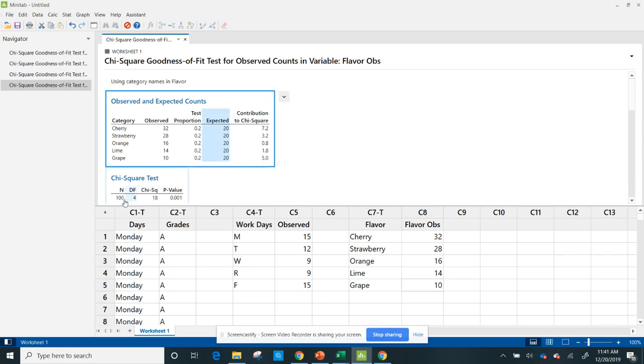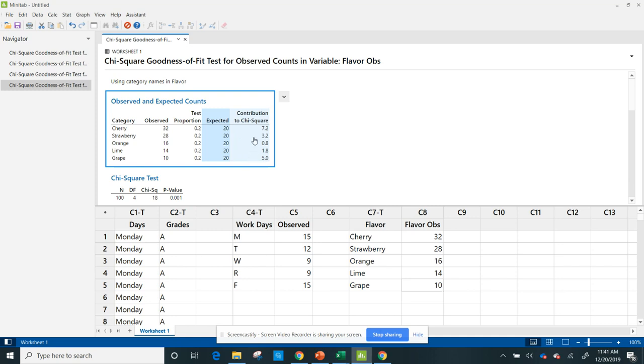In this case, I do have a sample size of 100. In the last example, I had a sample size of 60, so my expected were different. So to get my expected, it's my sample size divided by my number of categories. In this case, it's almost the same as my proportions, but just know it could be different. So the expected for each category is 20.